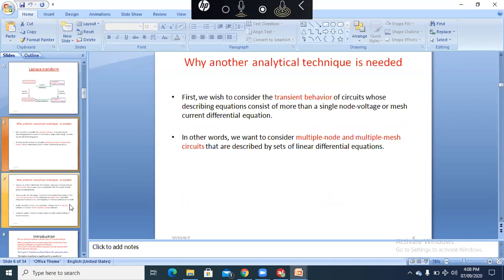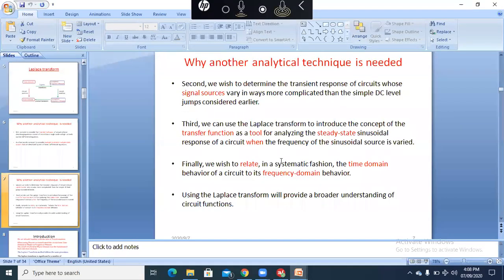Also, to calculate the steady state response when there is a variation in frequency, we need to measure both the transient and steady state response. So we relate the time domain behavior of the circuit with its frequency domain behavior.